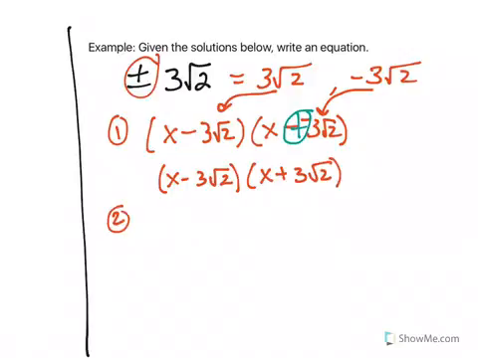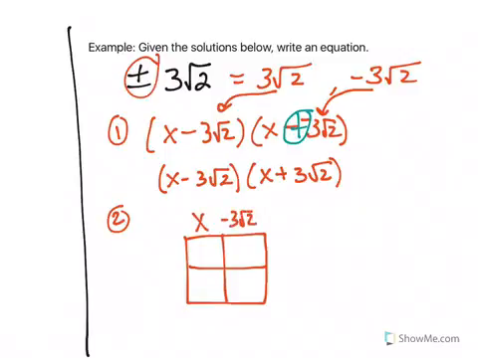Second step is box method or FOIL. I'm going to use the box method. X, negative 3 radical 2 and x, 3 radical 2. We get x squared. Here we get 3x radical 2 when we multiply 3 radical 2 times x.